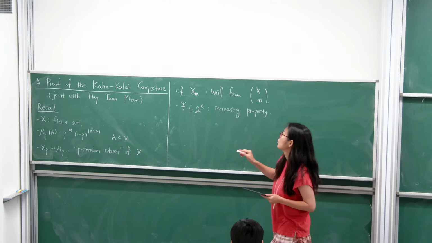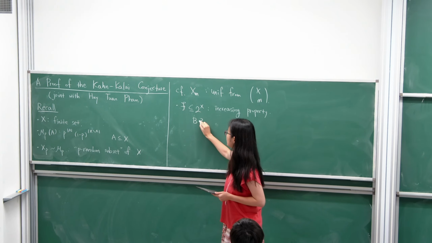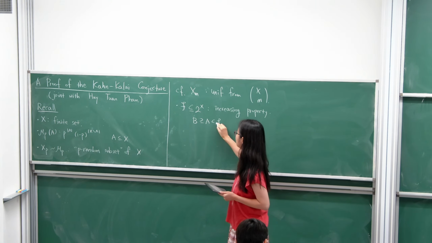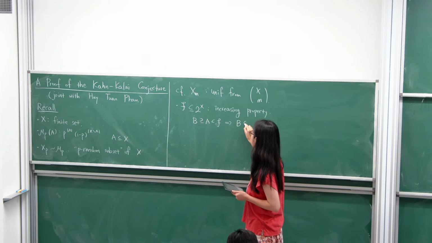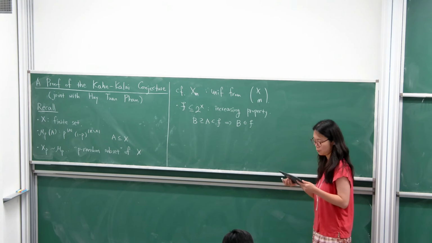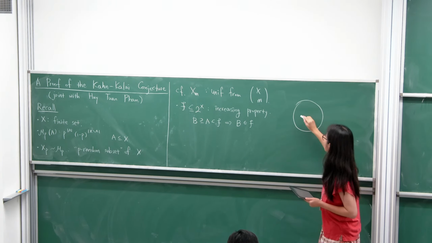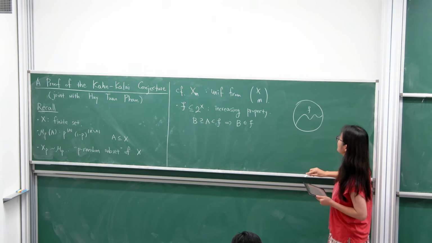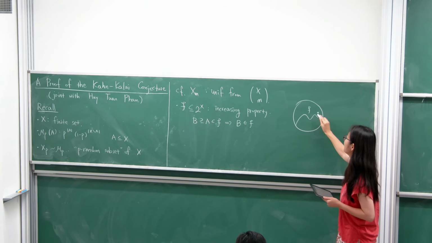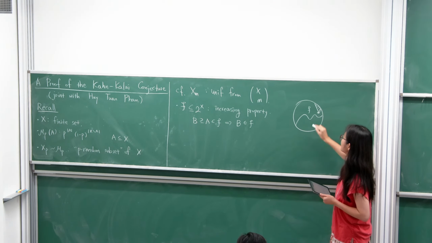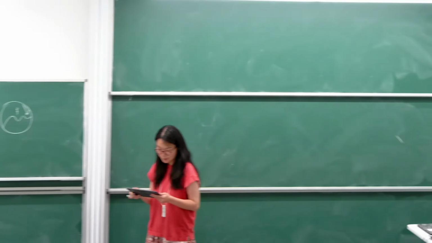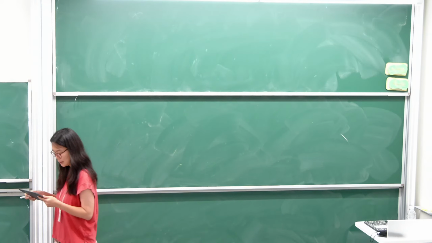So the formal definition was whenever B contains an element in F, this implies B is also a member of F. I drew this picture yesterday. So F looks like this, which means whenever we have an element inside F, then everything that contains this element is also in F. That's the definition of an increasing property.